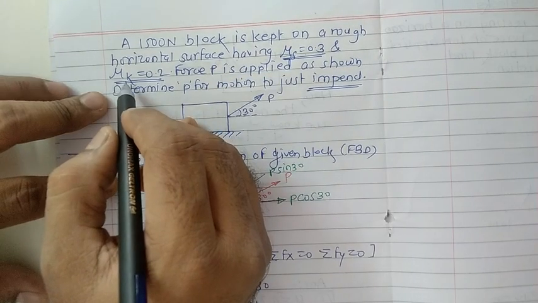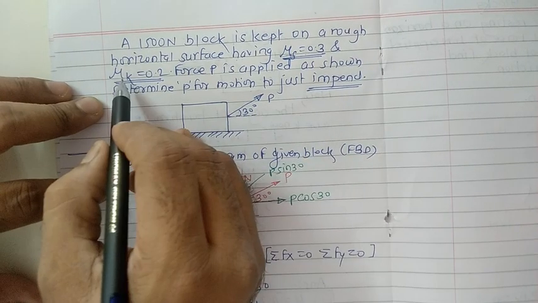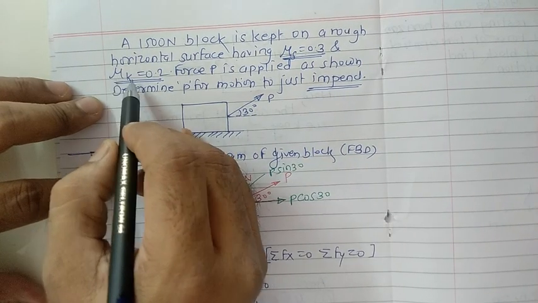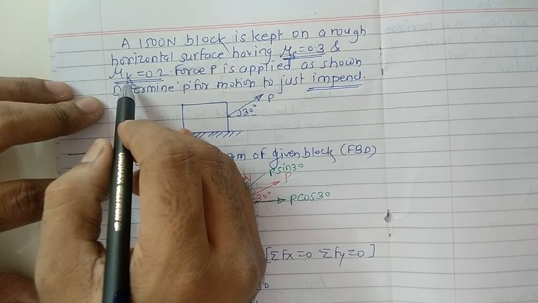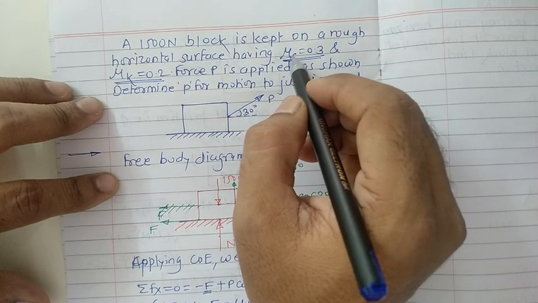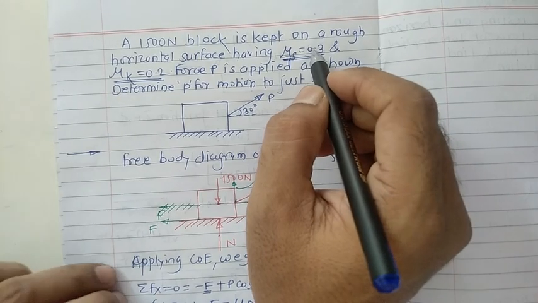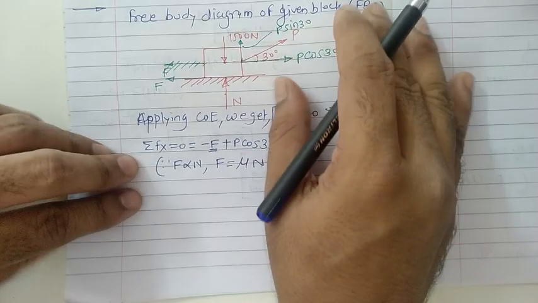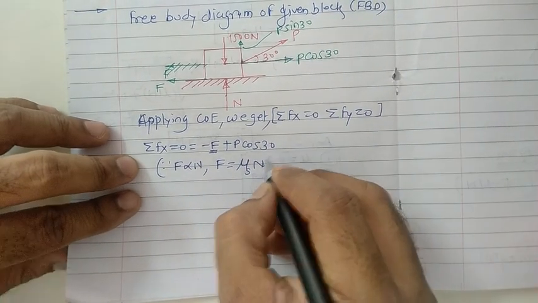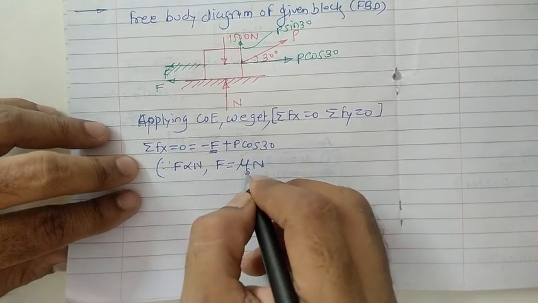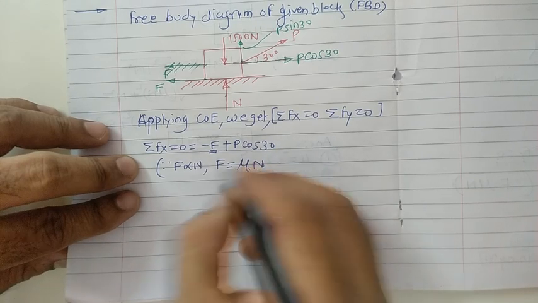Mu k is used when the block comes into motion, and mu k indicates the coefficient of kinetic friction. Mu s indicates the coefficient of static friction. So we need to consider the coefficient of static friction, so give the suffix as mu s and use the mu s term instead of mu k.